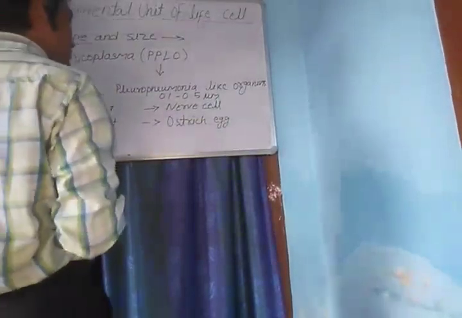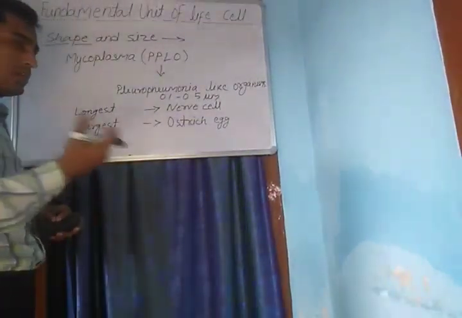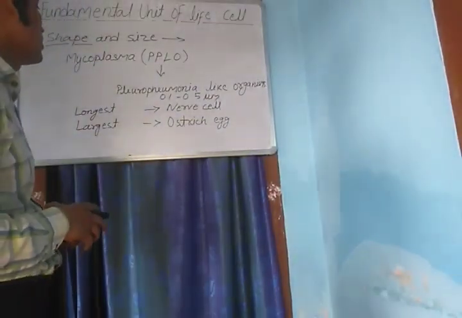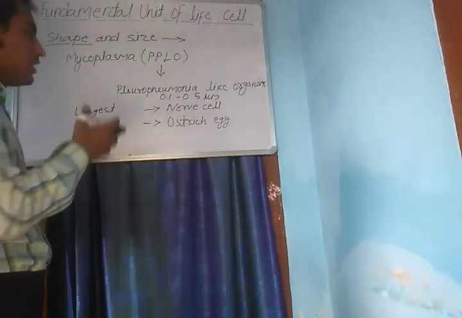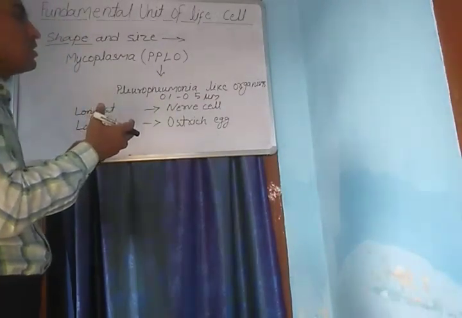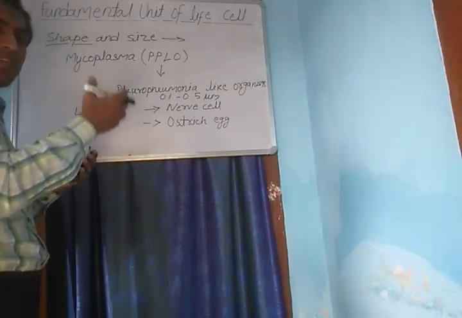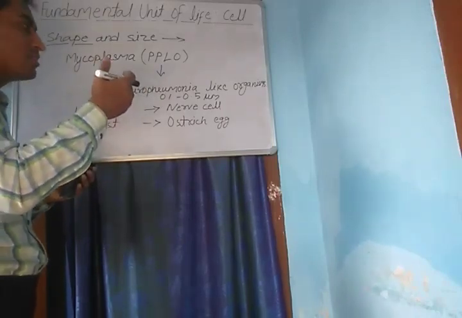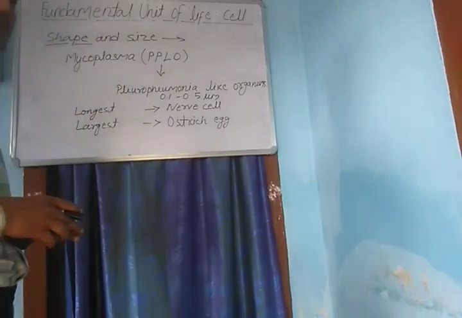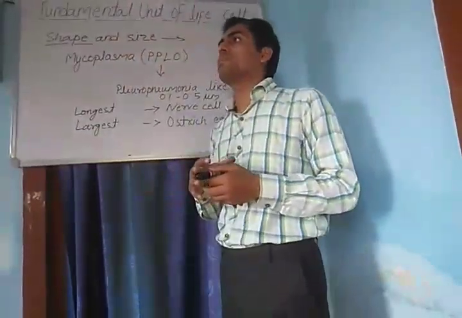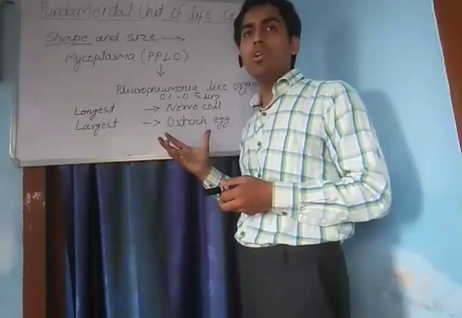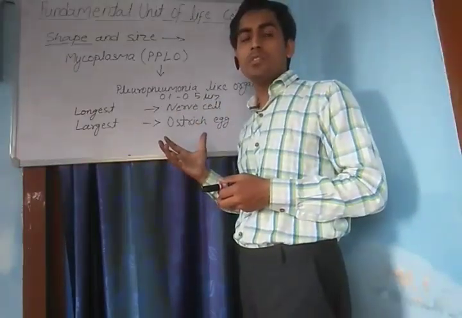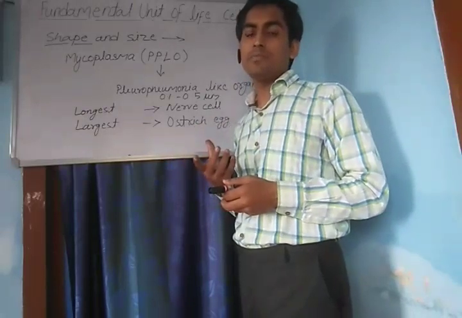But the question is also how the number of cells helps in the calculation of the size of an organism. The size of an organism depends on the number, not on the size of cells.